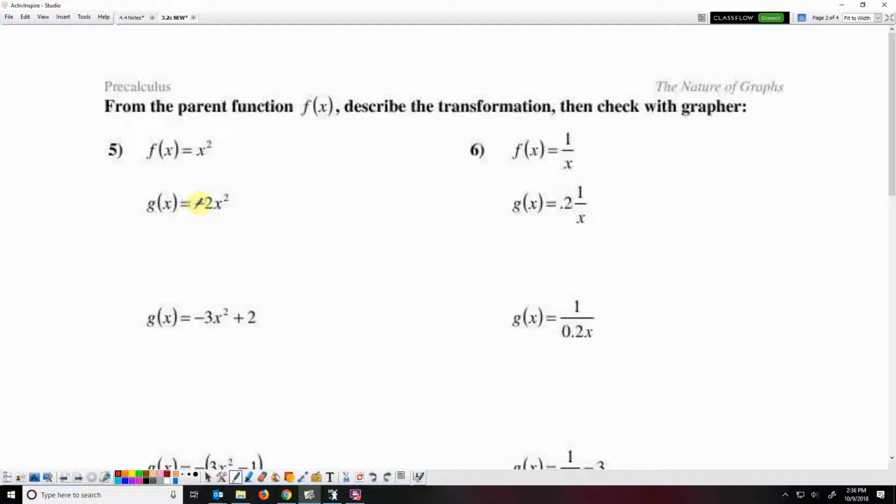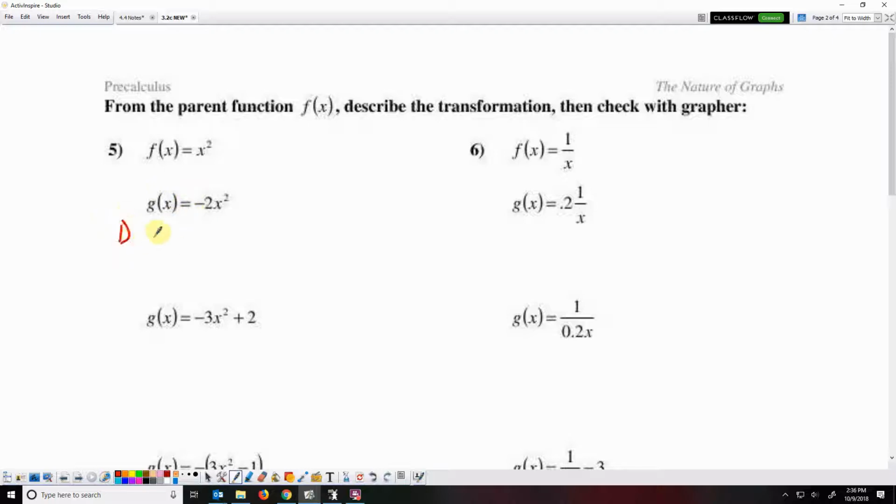So negative 2x squared. So there are two things that are happening here. They're both multiplication. Multiplication by a negative and by a 2. And both of them are outside. So there's nothing inside of this squaring. So they're both outside. And what we'll do here is just work our way from the closest out to the farthest.